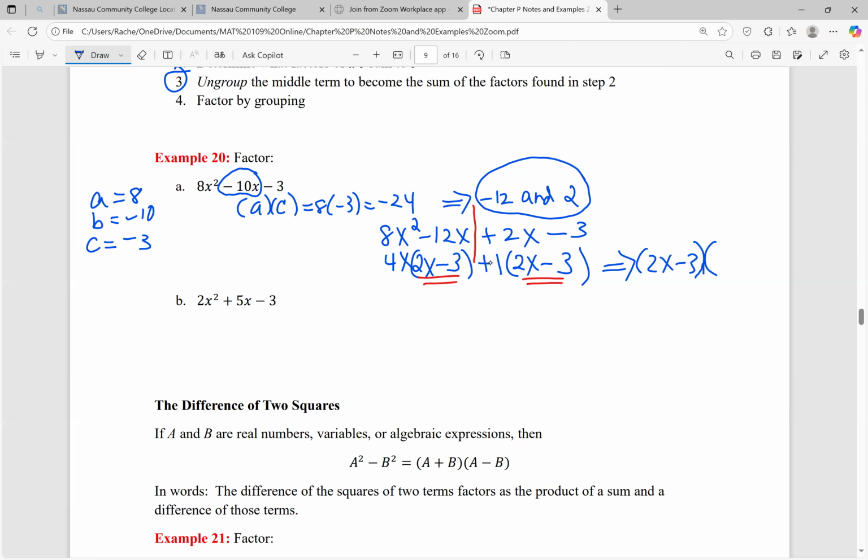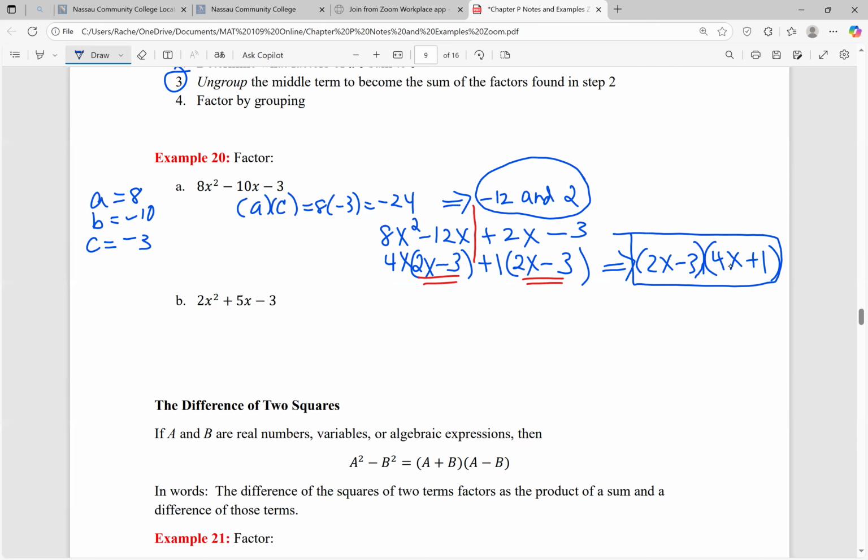And then my other factor, once I divide both these expressions by 2x minus 3, I'm going to be left with 4x plus 1. And that's going to be my factored form. So if I were to use my distributive property and multiply out, I would end up with 8x squared minus 10x minus 3, which was the original in part A.